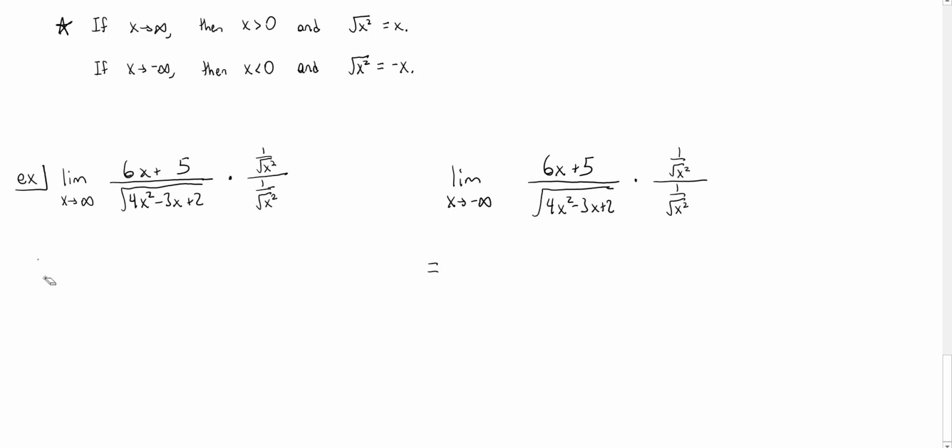Now, before I multiply any of these together, what I'm going to do is rewrite this square root of x squared as x. In this example, the square root of x squared equals x because x is approaching infinity, meaning that x is positive.